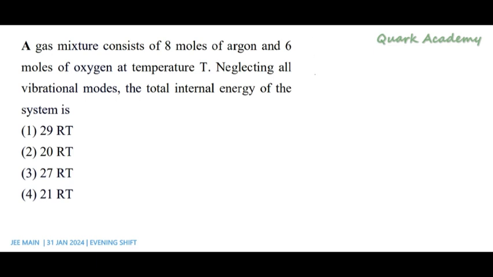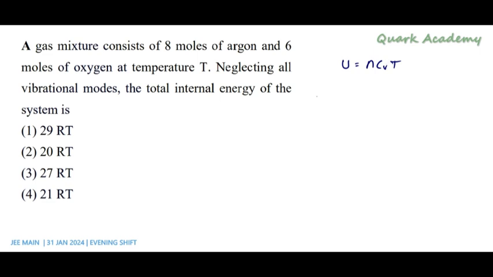We need to find the total internal energy of a system. That system consists of 8 moles of argon gas and 6 moles of oxygen at temperature T. If we have a gas at temperature T, then its internal energy we can write as N CV T, where N is number of moles, CV is specific heat capacity at constant volume, T is the temperature.